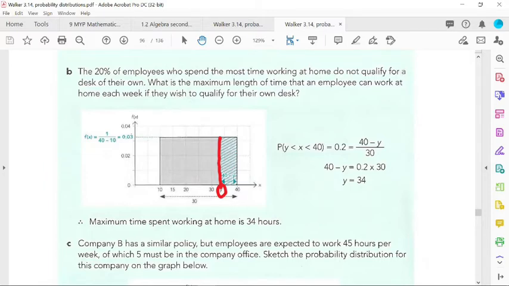Again, the distance all the way across is 30. The height is 1 over 30. But this time it's an inverse. I know the area. I need to find the x value, well, in this case they called it y, but x is usually what we call all the others.